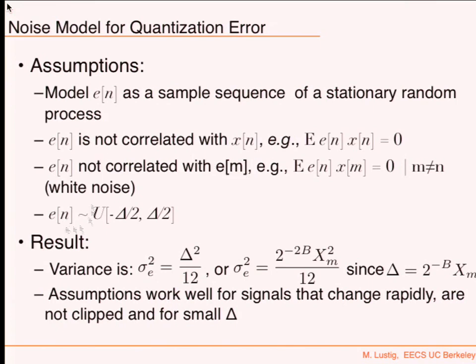And of course, in that case, we can assume that e of n is some random variable that has a uniform distribution between minus delta over 2 and delta over 2. And it kind of makes sense. It could be anywhere in between, and there shouldn't be any preference. It shouldn't be Gaussian, for sure not, because it's really just bounded between minus delta over 2 and delta over 2.